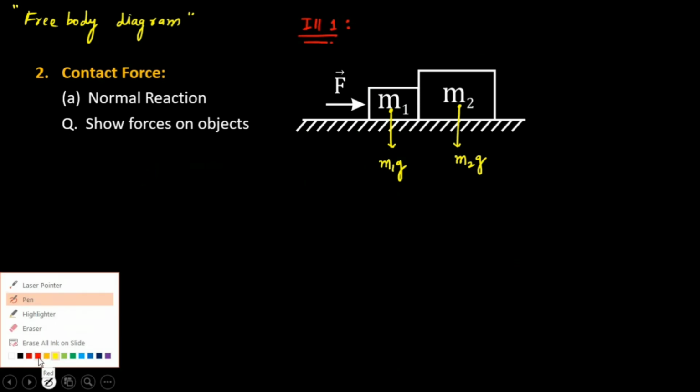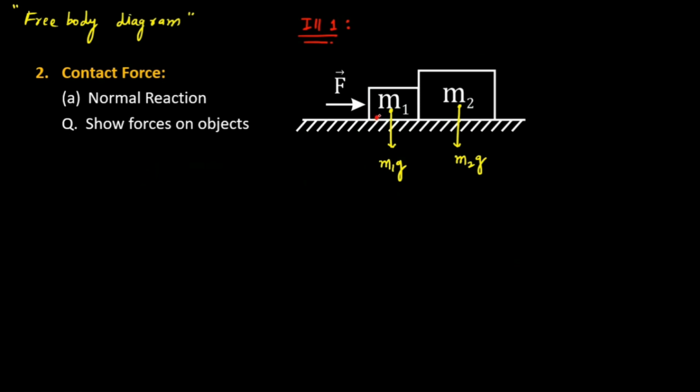Because of these mg, there will be a reaction force, which I could say is n1 for the first object and n2 for the second object. But there is also a force acting in a horizontal direction. So there must be some normal reaction acting between these two masses, like onto this surface. If there is some external force acting in this direction, m2 will apply a normal force on m1 like that.